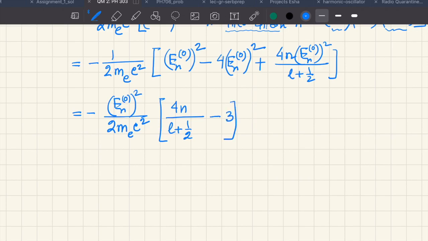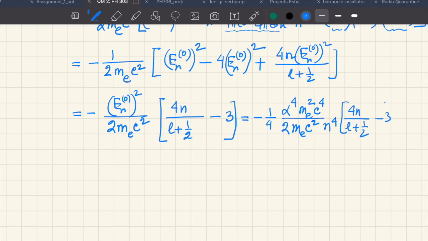In fact, if we want to write this in terms of the fine structure constant which we had introduced in the last class, alpha to the power 4 m e squared c to the power 4 divided by 2 times m e c squared, and then there will be 1 by n to the power 4 also, and 4n by l plus half minus 3.